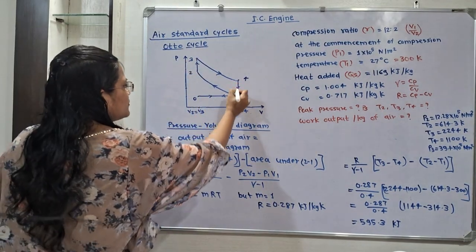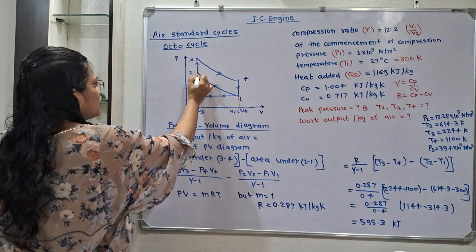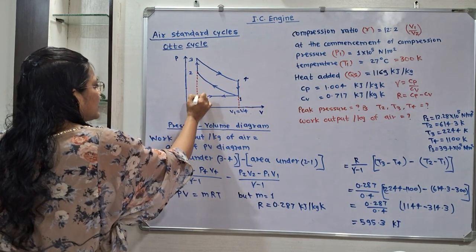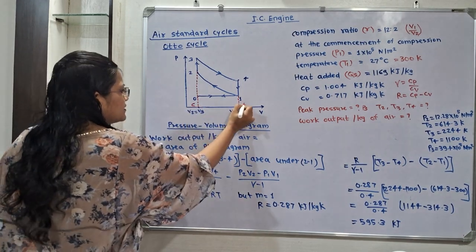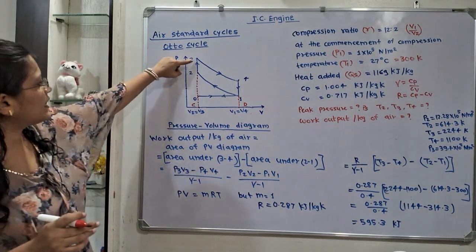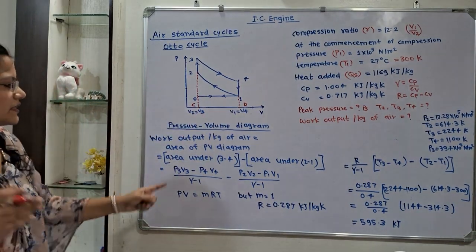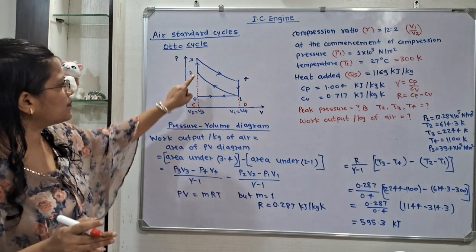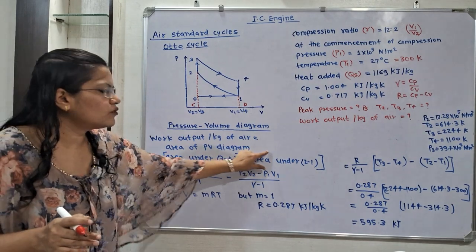I will connect this 4 to 1 line to the bottom line, and here also I will extend this 3 to 2 line, and the points of intersection are point C and point D. So area under 3 to 4, that means area of 3 4 D C, minus area under 2 to 1, that means area of 2 1 D C. So we have to calculate this.